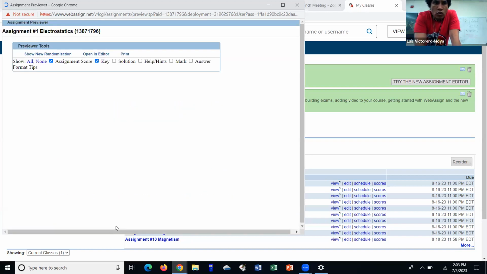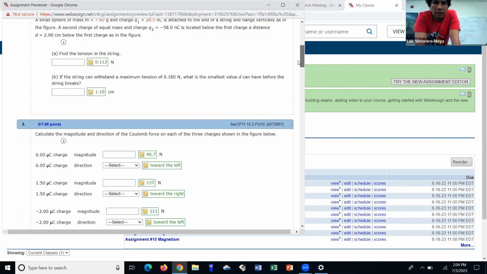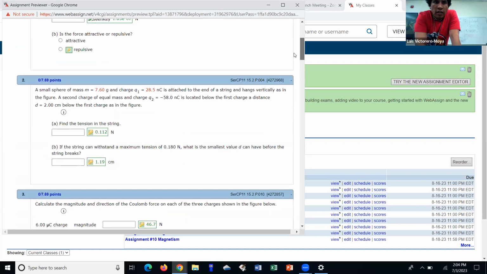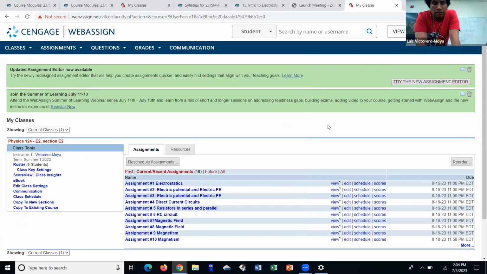Let's show you a problem that is like this. 3, 2, and 1. Basically, problems where you have to use columns. All right.